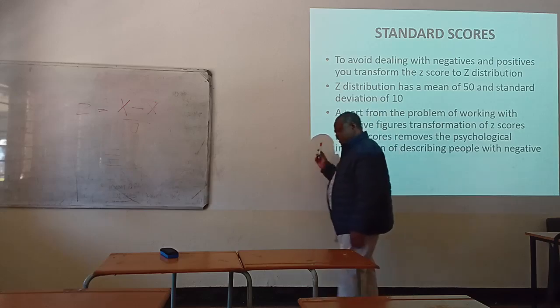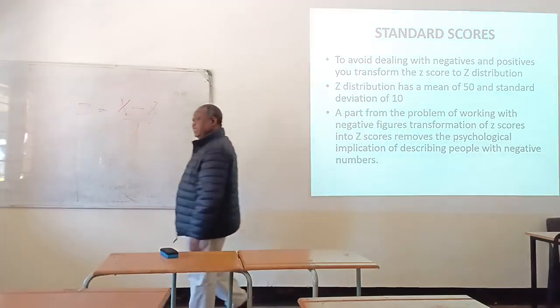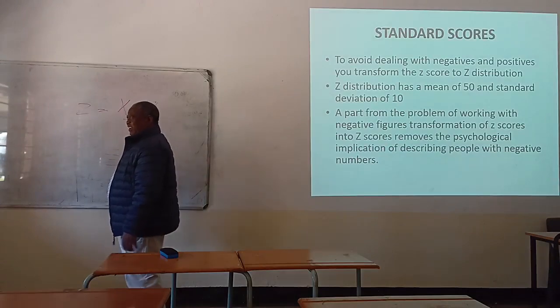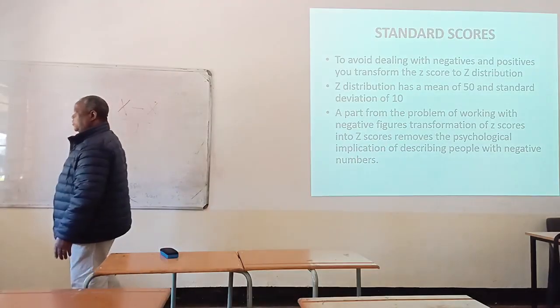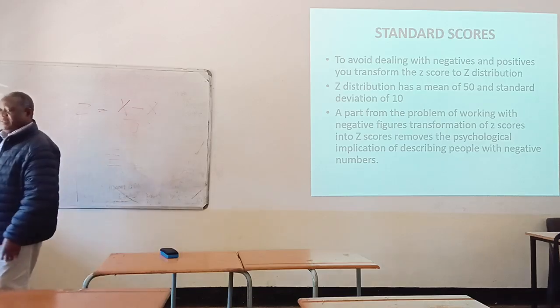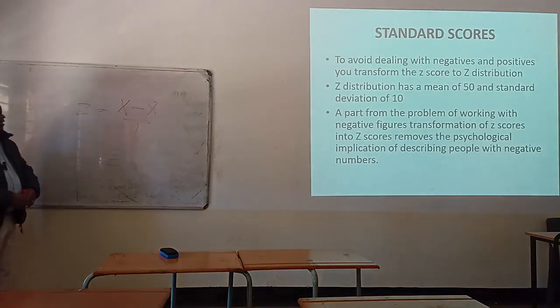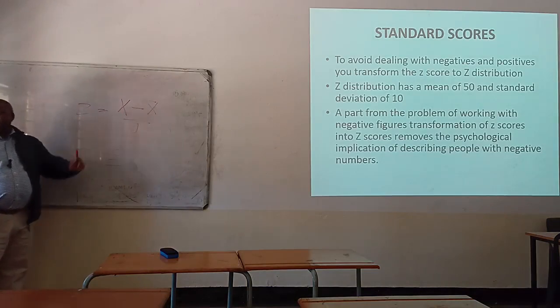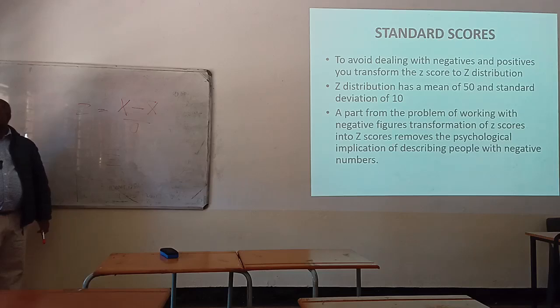Of course, I also mentioned that since we are talking about positions, and especially, for example, those of you in education, these positions might be talking about marks. Somebody has obtained 50 marks. The mean is 60.